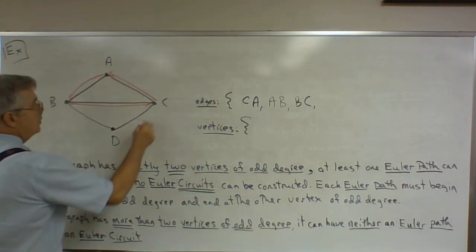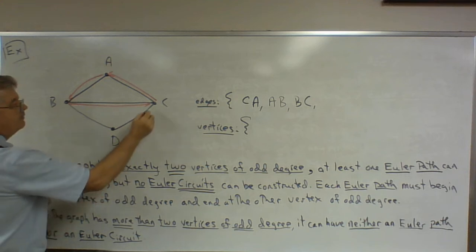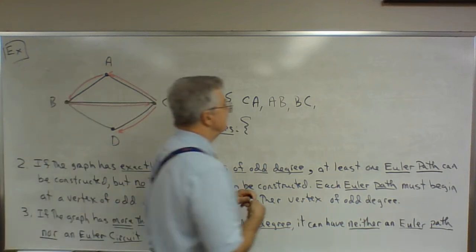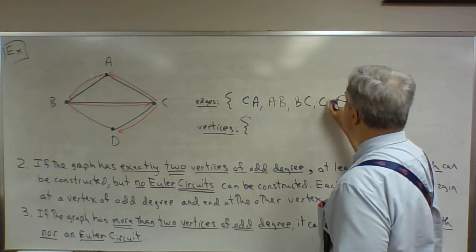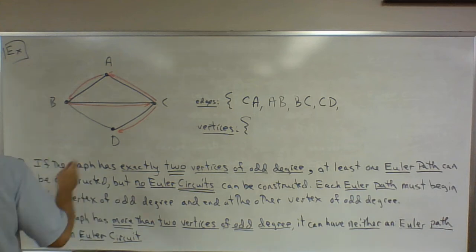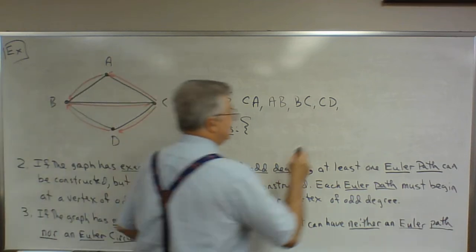And now there's only one way that I can leave C and travel on an edge that hasn't been passed through. I'll go from C to D. And then there's only one way I can go. I'll go from D to B. And I've covered every edge.